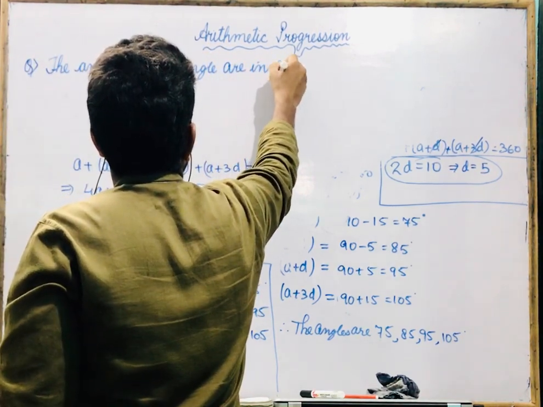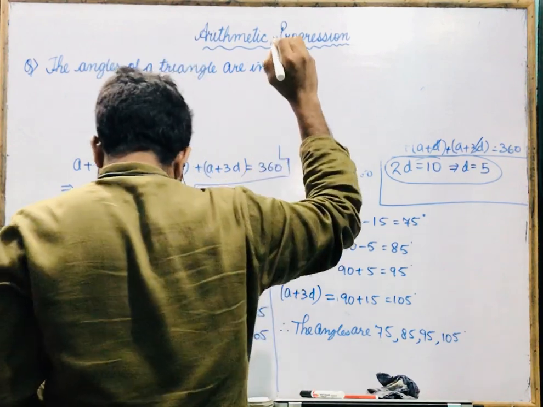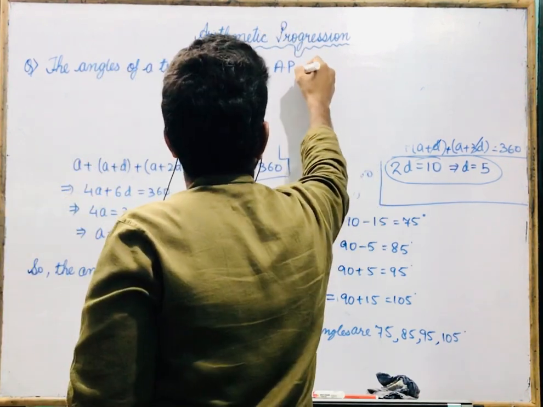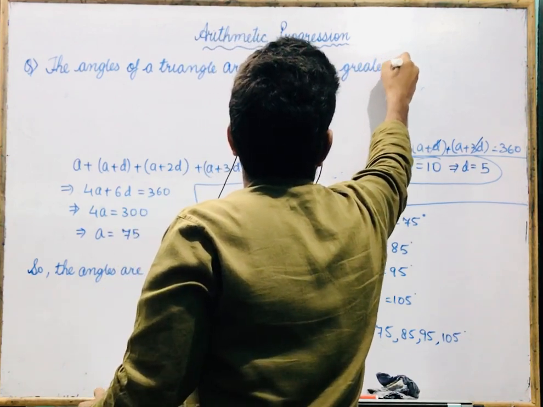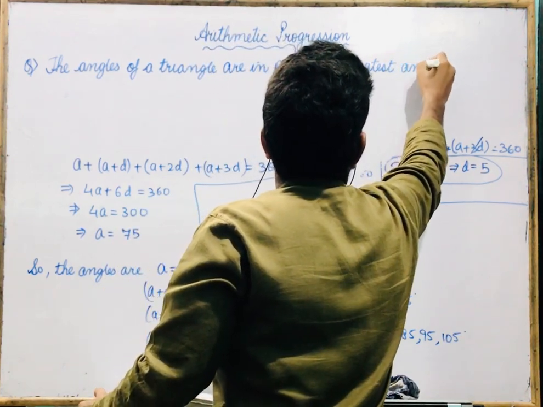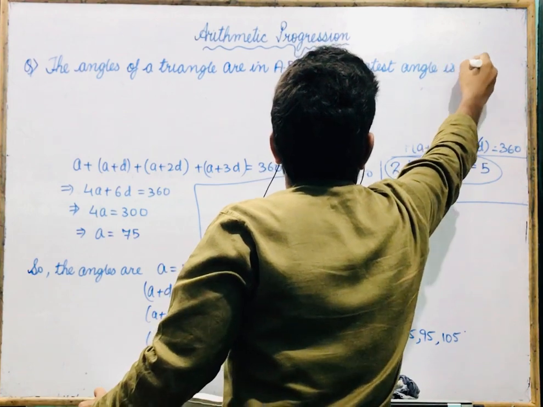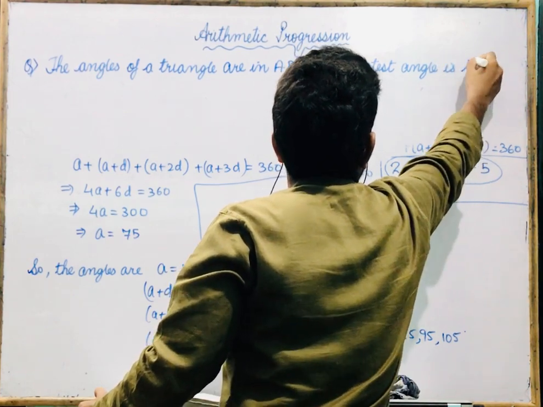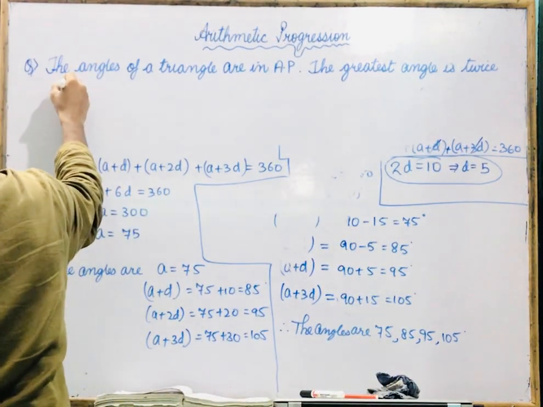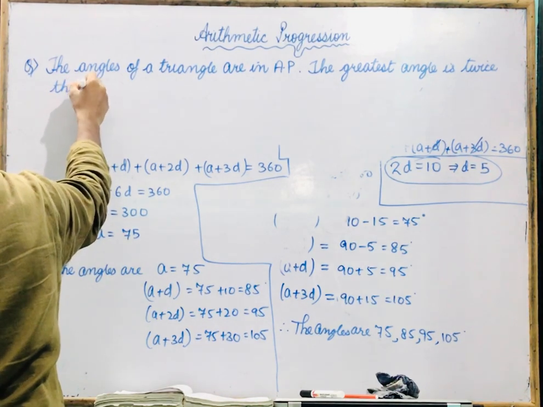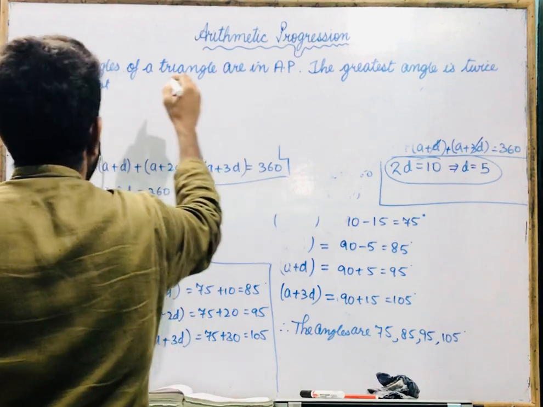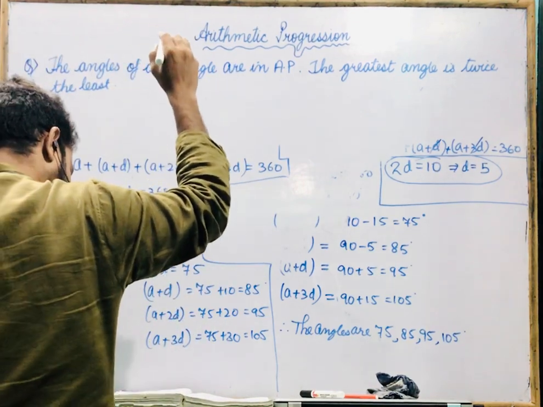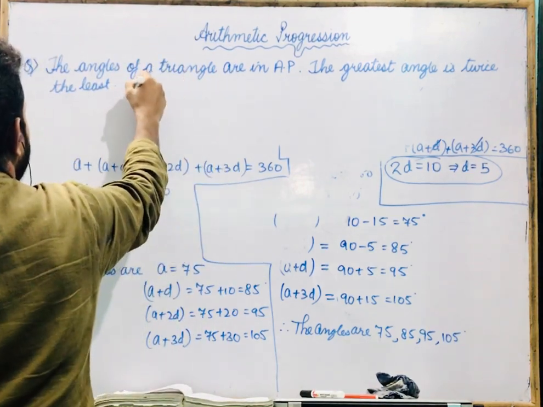The angles of a triangle are in AP. The greatest angle is twice the least. Find all the angles.